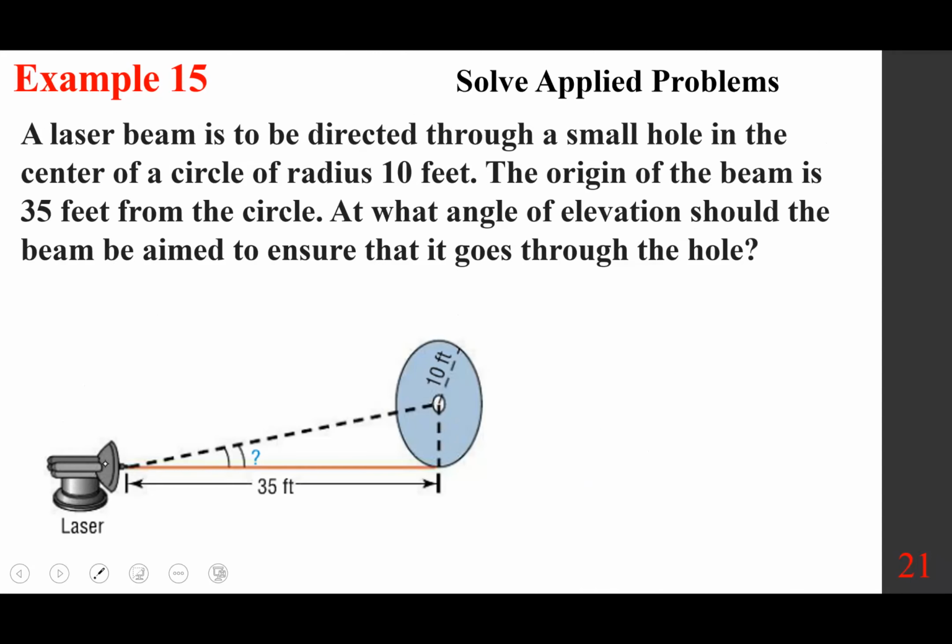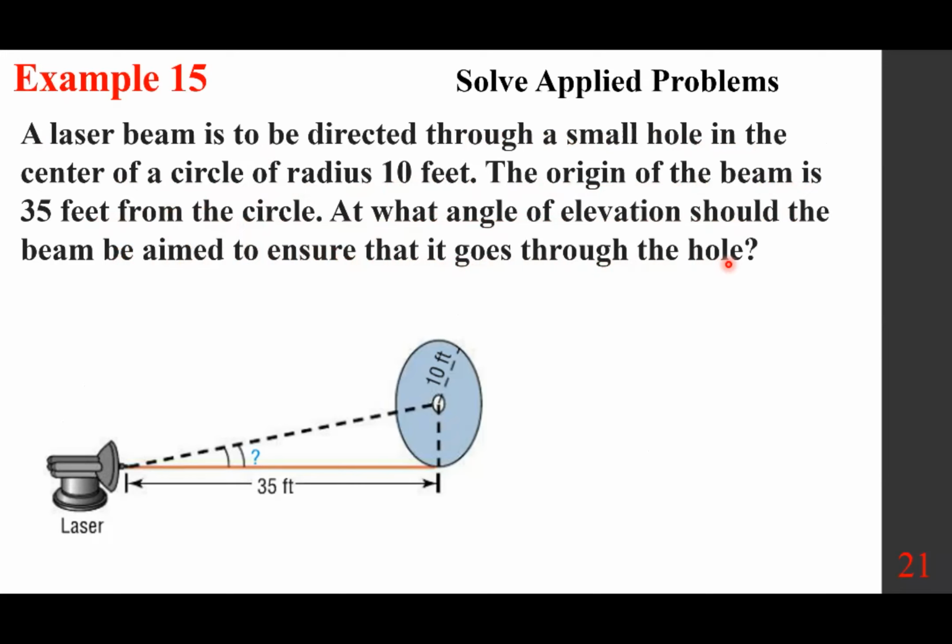Could somebody read this, please? A laser beam is to be directed through a small hole in the center of a circle of radius 10 feet. The origin of the beam is 35 feet from the circle. At what angle of elevation should the beam be aimed to ensure that it goes through the hole? Excellent.